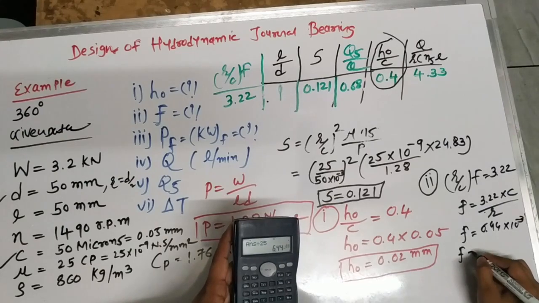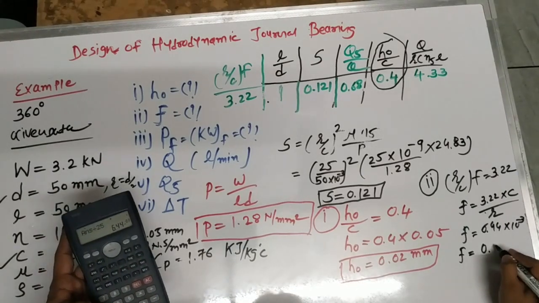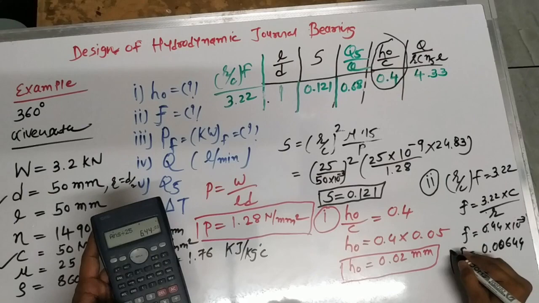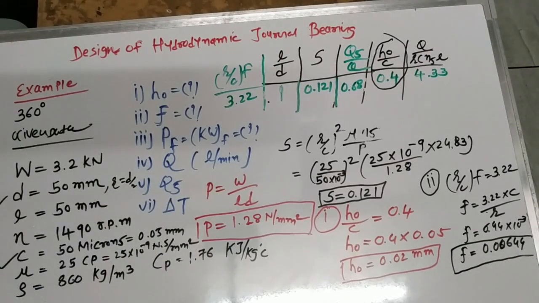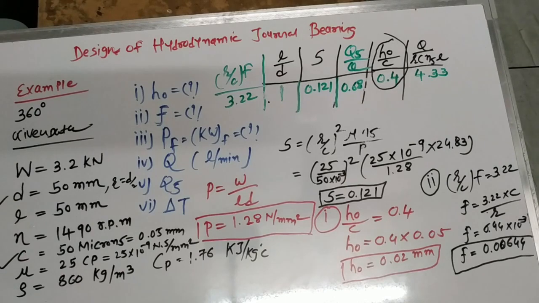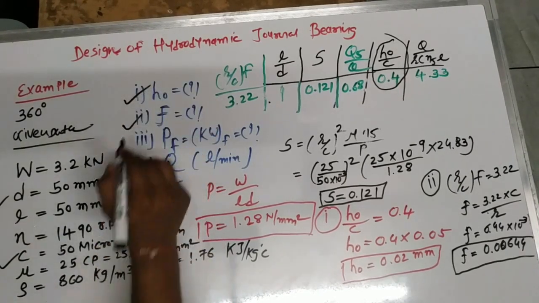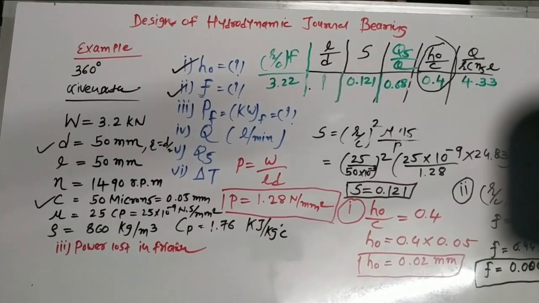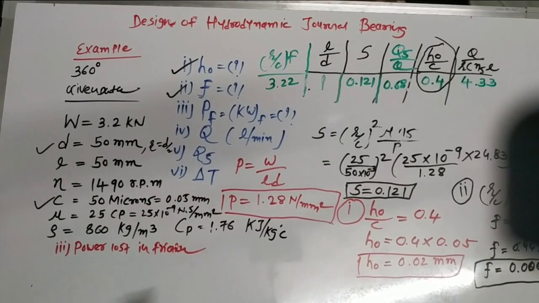If I want to simplify more, the answer will become 0.00644, right? That is the answer of our second parameter, the coefficient of friction. So both parameters we have already seen. Now, after that, the third parameter we are interested in is the power loss in the friction.